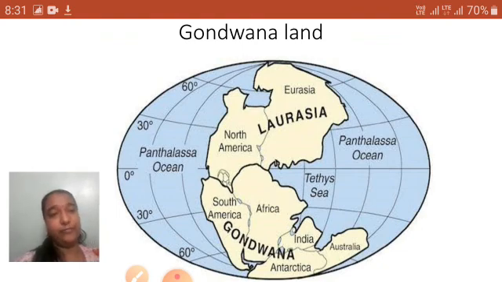The Deccan Peninsula also formed, and even the coastal regions also formed.